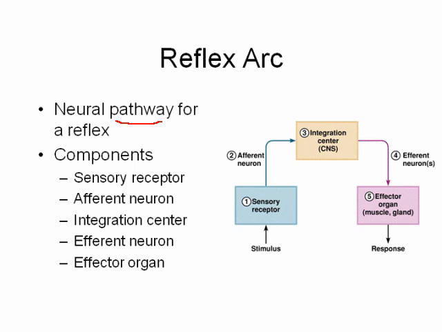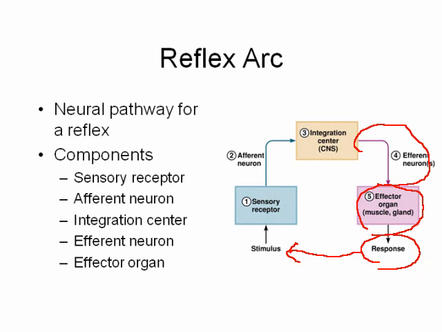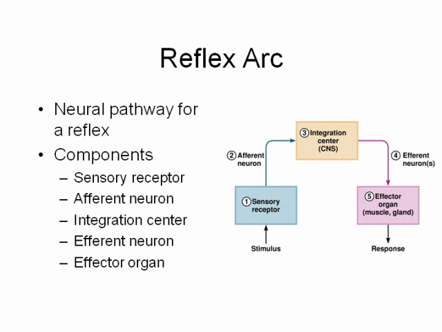And when we say a neural pathway, what we mean is that there's some sort of a sensory receptor that is associated with an afferent neuron. We've talked about these concepts in sensory physiology. There is an integration center that receives this input and that coordinates the appropriate response by activating efferent neurons, which in turn have an effect on some sort of an effector organ to produce a response that's appropriate for the original stimulus.